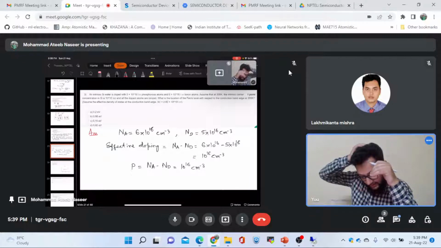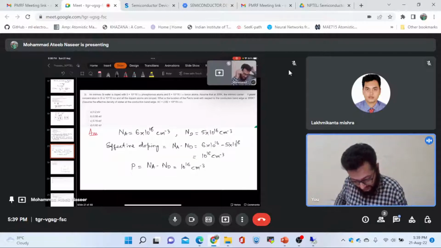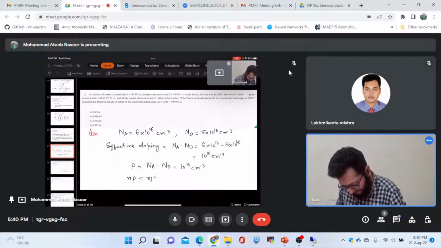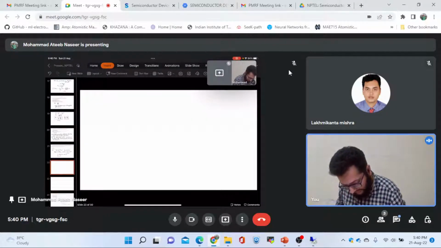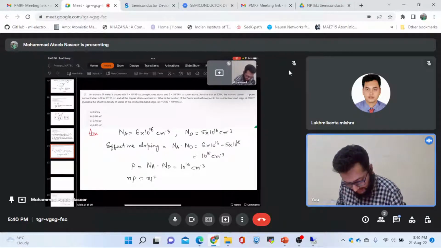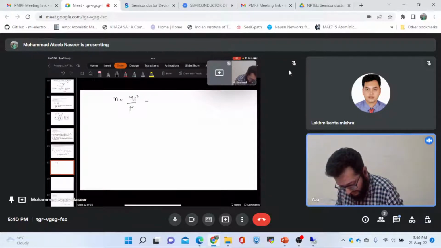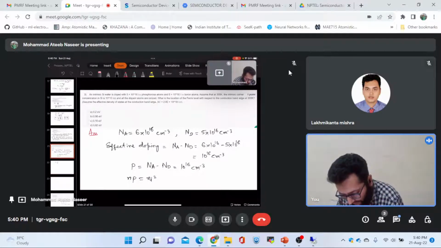this is in thermal equilibrium, and we can use the law of mass action, which states that N into P is equal to Ni squared. So if we use the relation np equal to Ni squared, we can simply write N equal to Ni squared by P, where we know this Ni was given to be equal to 10 to the power 10 in silicon.